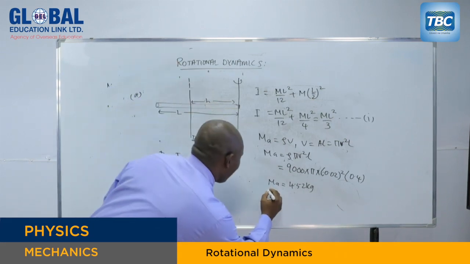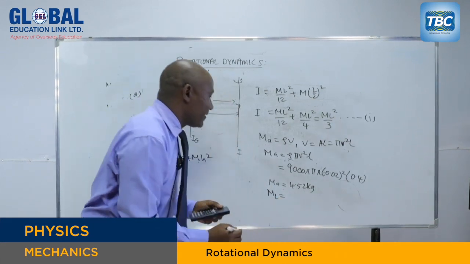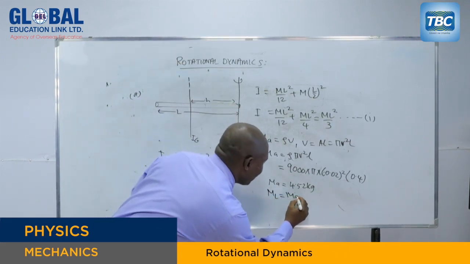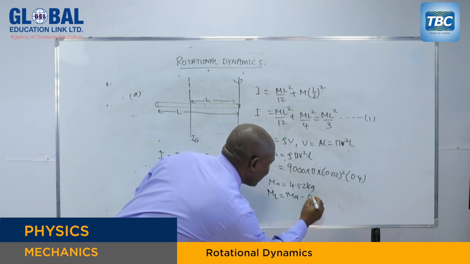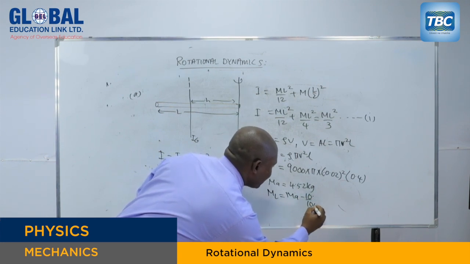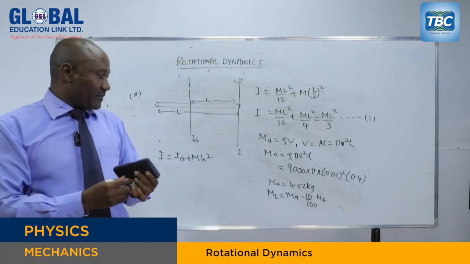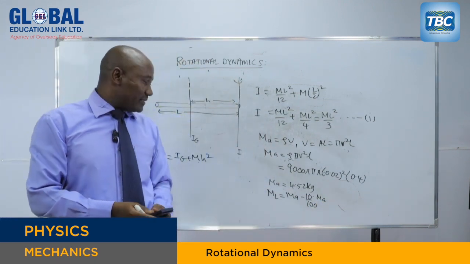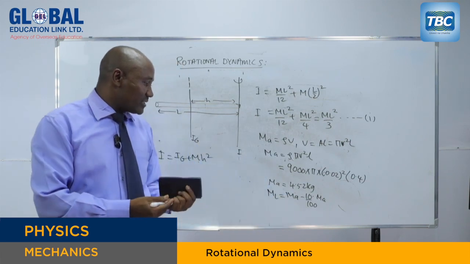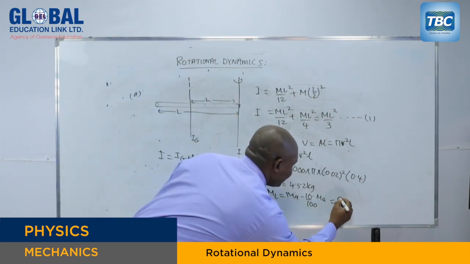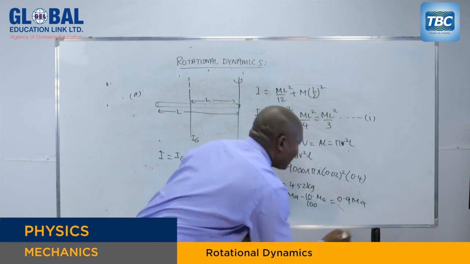So the mass L now in the liquid is given by, you take Ma minus 10%, which is 0.1 times Ma. 10% of that, it means Ma minus that is almost 0.9 Ma.